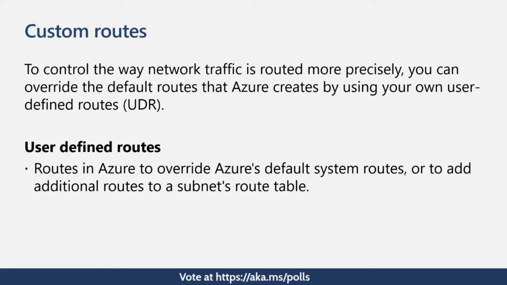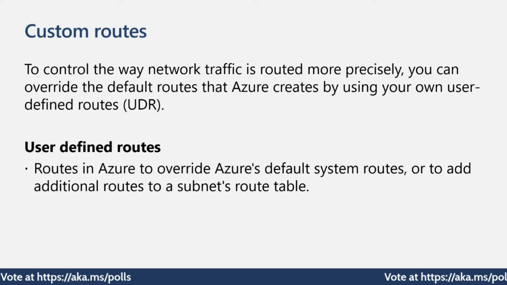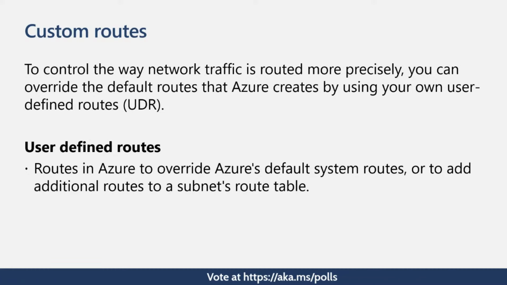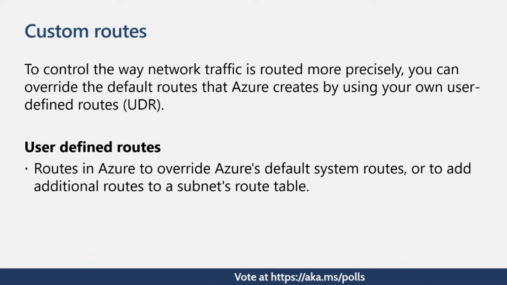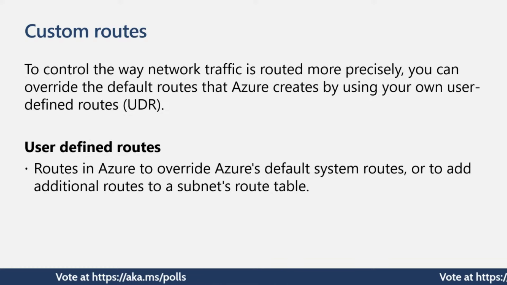Now, with our user-defined route, you're going to see some similar next hop types to what we saw with our default routes. You're going to see next hop types such as a virtual appliance, and this is going to typically run a network application such as a firewall or an Azure firewall, and we saw that as an example within a hub and spoke network topology.